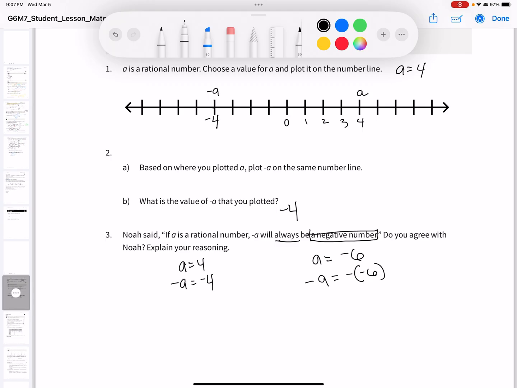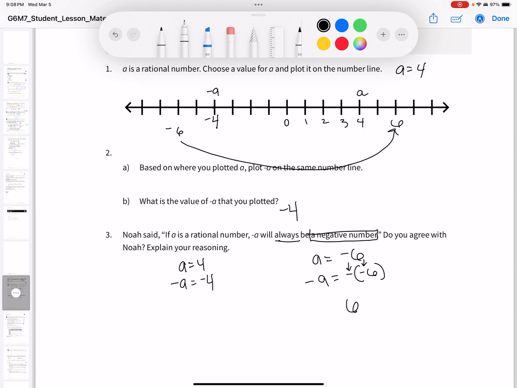what this is saying is that we are doing the opposite of this, right? So what is the opposite of negative 6? Well, if I go here, negative 6, the opposite of negative 6 is positive 6. So negative A in this case becomes 6.